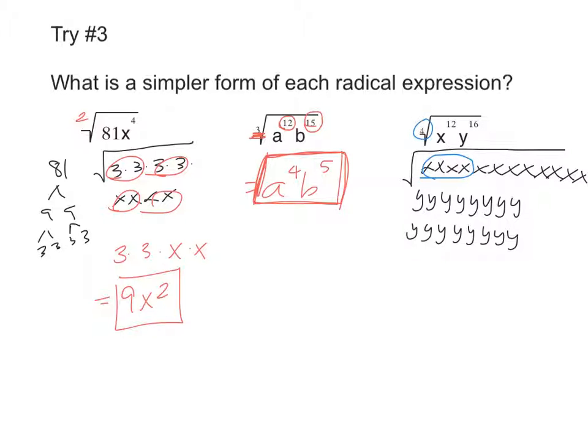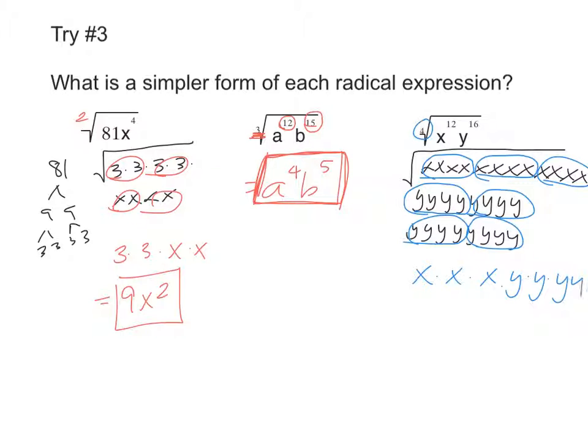So here, here, and here, here, and here, here, and here. So that would give us 3 x's that we're taking out and 4 y's. So that answer would be x cubed y to the 4th. Okay, and to prove that that was right, 12 divided by 4 is 3. That's why we got that. And 16 divided by 4 is 4. So either way, our answer is correct.